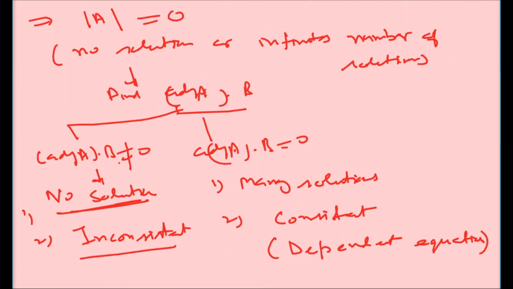That is, z equal to t, then x will be found in terms of t and y will be found in terms of t. Okay, it is for example. So that is the meaning of dependent equations. Now we can see the third one.